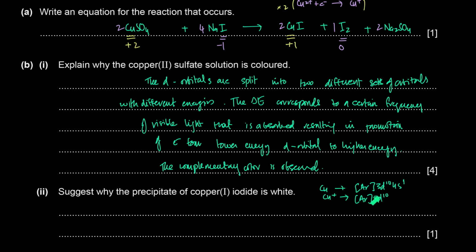For copper 1 plus, the d subshell is completely full, so all the d orbitals are full.